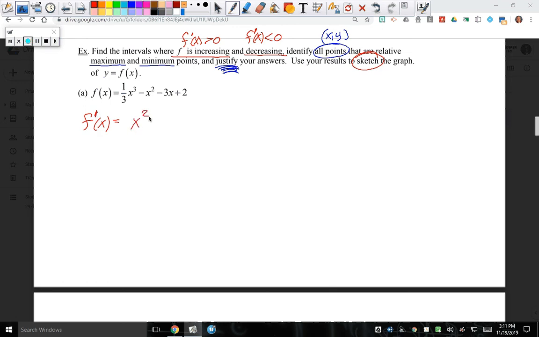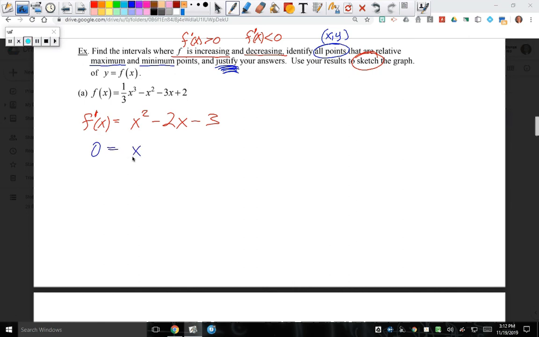X squared minus 2x minus 3. Can I set that equal to undefined? No, because there's no denominators with x. So I can only set this equal to 0. Remember, critical points, it can either be 0 or undefined.